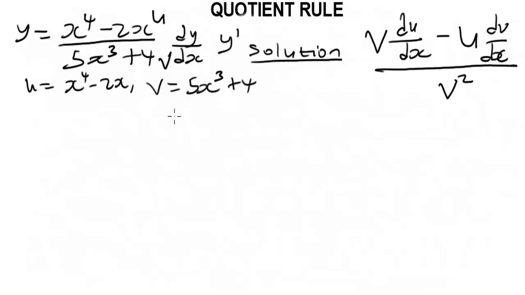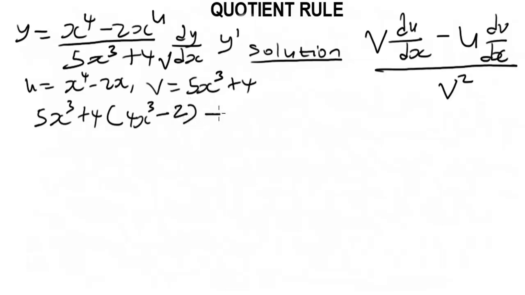Let's go ahead and solve this problem. v du by dx means we leave v and differentiate u. So it's going to be 5x raised to the power 3 plus 4, times the derivative of u, which is 4x cubed minus 2, close the brackets.